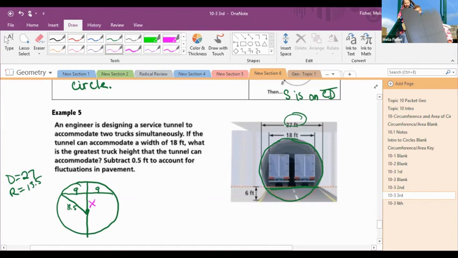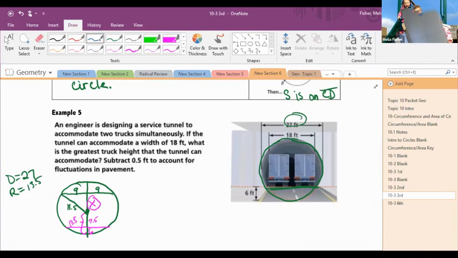I'm going to know that this whole section from here to there is 13.5 because that's a radius, right? But we've also cut this off down here, and this part is 6. So this part is 7.5. So we're looking for x. This is what we need to know so that we can know the total height range.